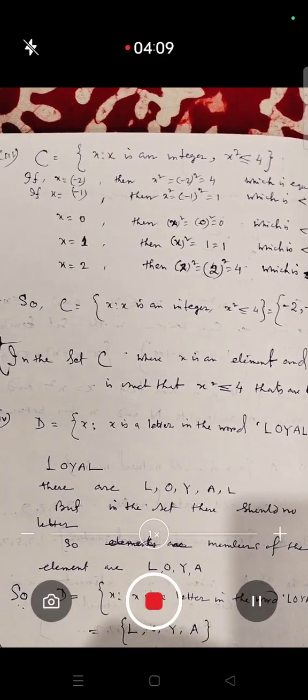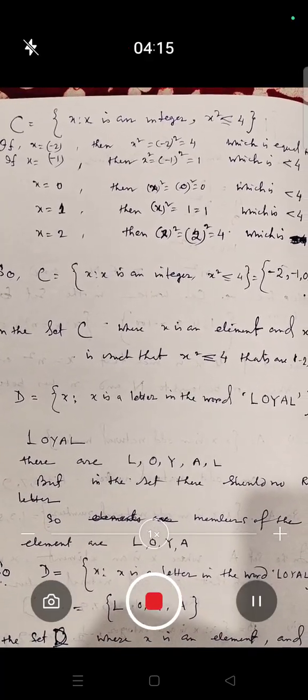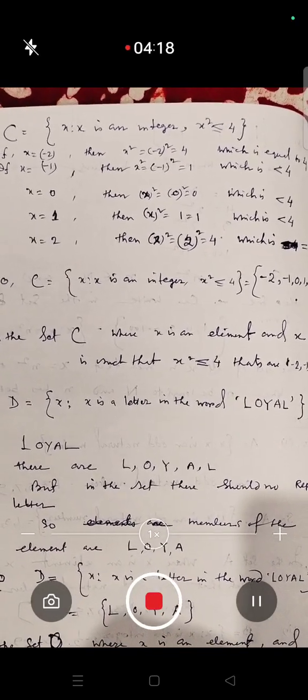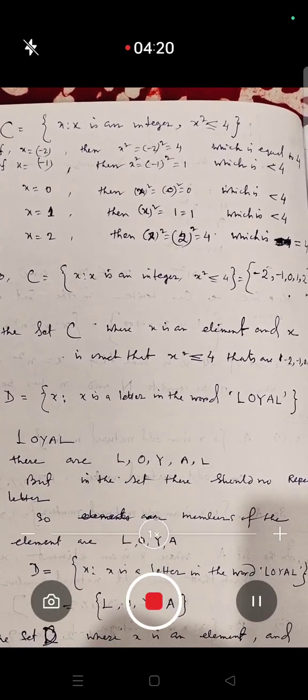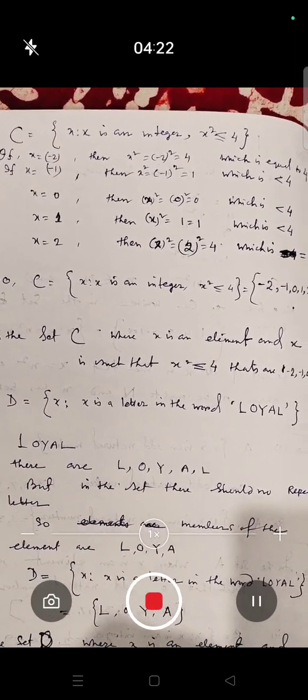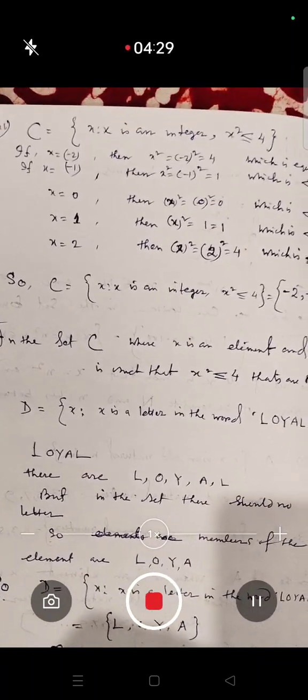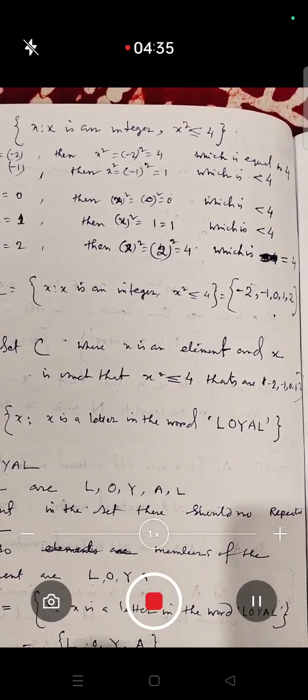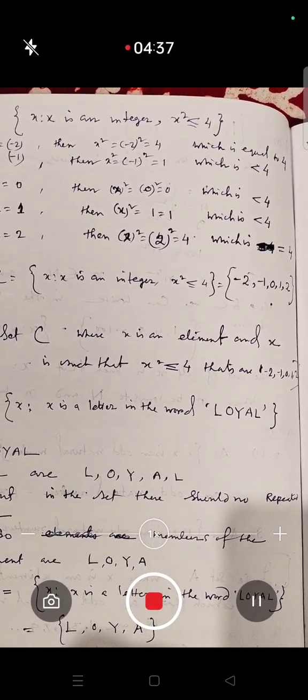5, 3. C is a set where x is an element and x is such that x is an integer and x square is less than or equal to 4. Now, if x is equal to minus 2, then x square is equal to minus 2 square, which is 4.